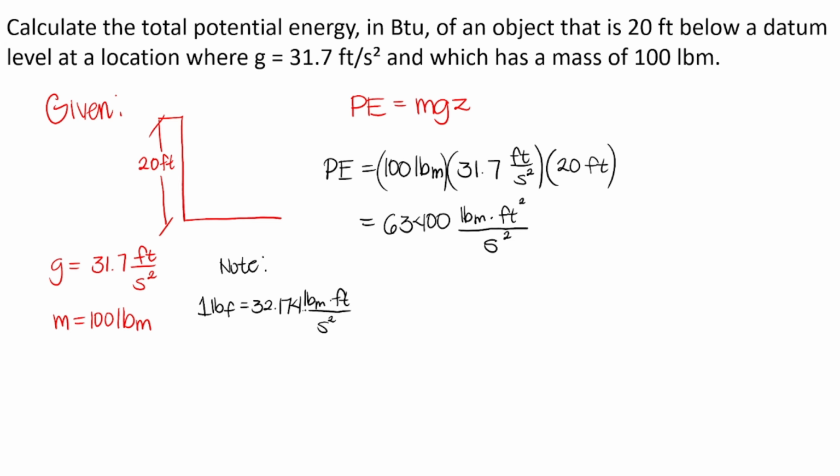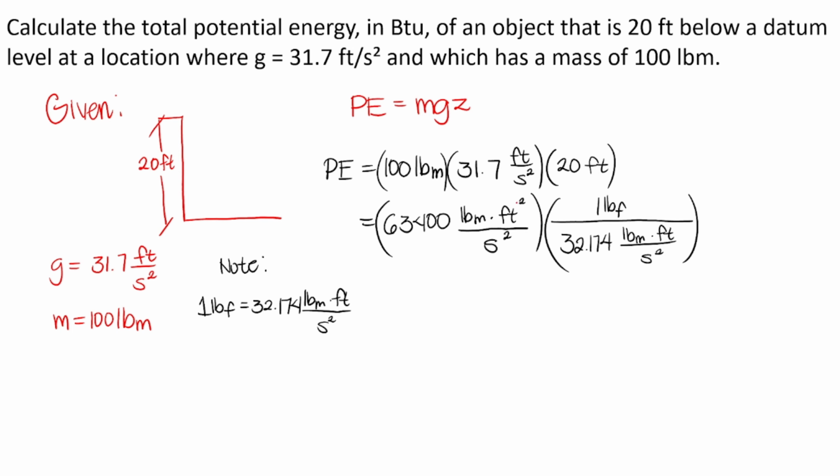Para makancel natin yung necessary units at magawa natin siyang British thermal unit. So, doing that, 1 pound of force is equal to 32.174 pound mass feet per second squared. Yun. So, using that factor, makakancel natin yung mga units na dapat makancel.